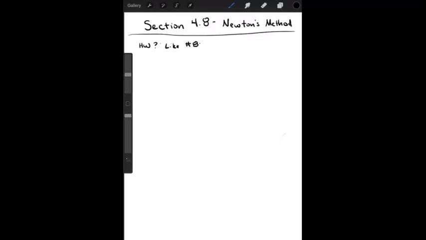Number 8 on the homework. Alrighty, so this was a concave up, concave down, points of inflection. Let's see.